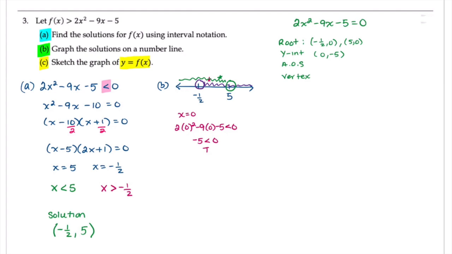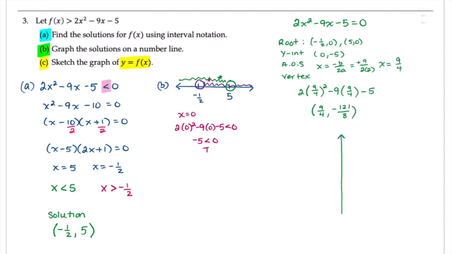The axis of symmetry and vertex I will need to find by using the formula for the axis of symmetry. So the axis of symmetry turns out to be 9/4. I'm going to plug that value into my function and see what is the vertex. At this point, what we are going to do is we're going to graph it.